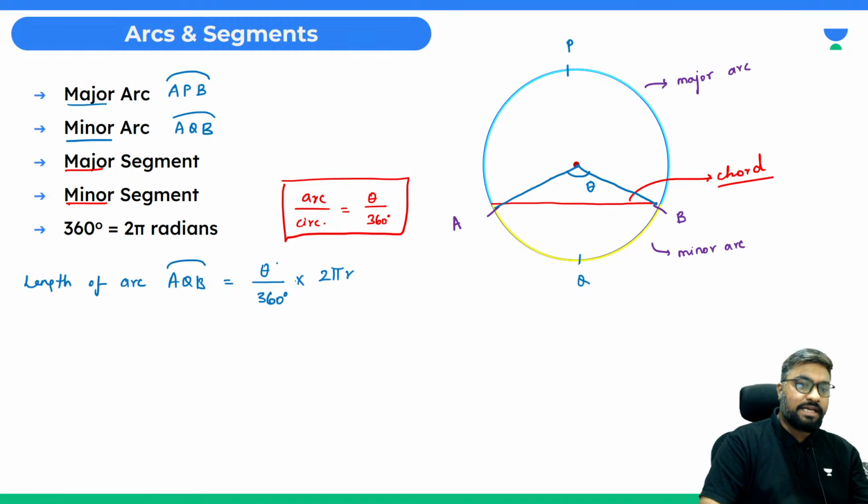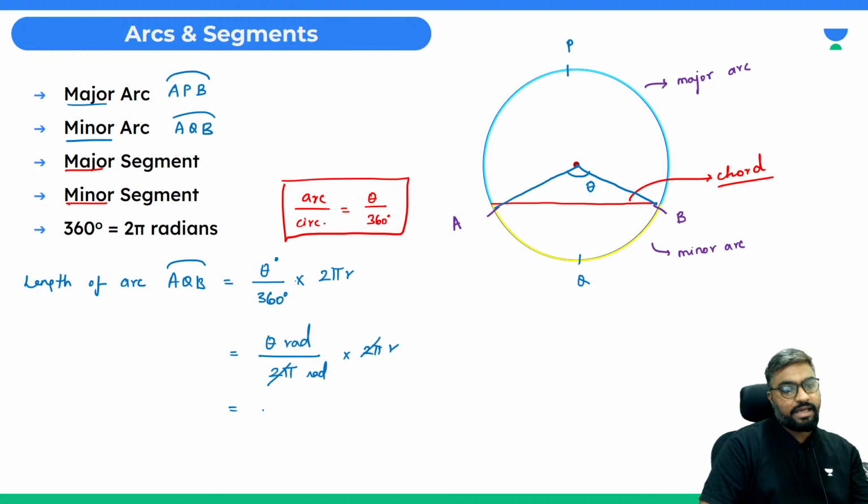Now अगर theta, let's say if theta is not given in degrees, अगर theta आपको radians में दिया हो, if theta is given in terms of radians, theta radians अगर है, तो then what happens? Theta radians by 2 pi, क्योंकि 360 degrees is 2 pi radians, into 2 pi r. So ये 2 pi gets cancelled off. We basically get what?